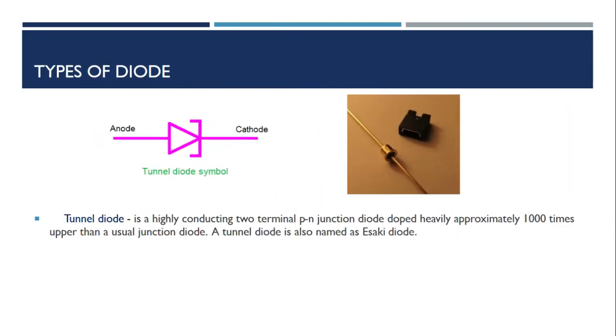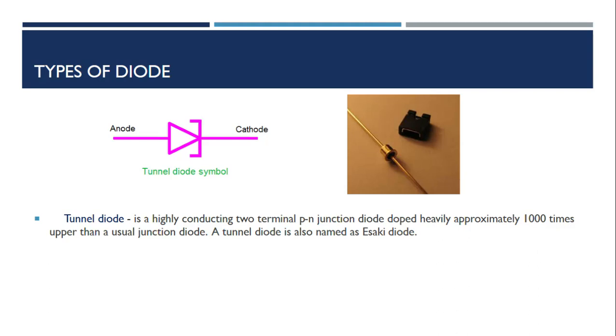This is the last type of diode. It is known as a tunnel diode. It's a highly conducting two-terminal p-n junction diode doped heavily, approximately 1000 times higher than a usual junction diode. A tunnel diode is also known as an Esaki diode.